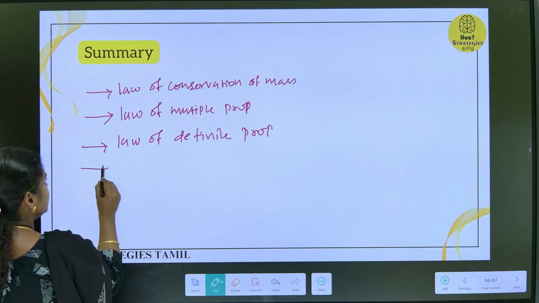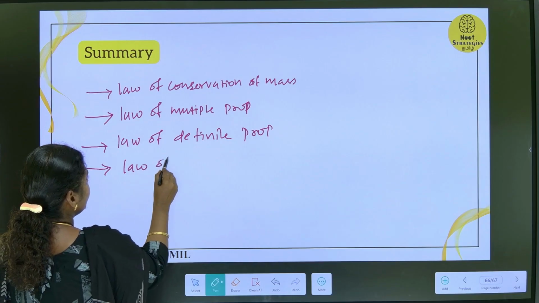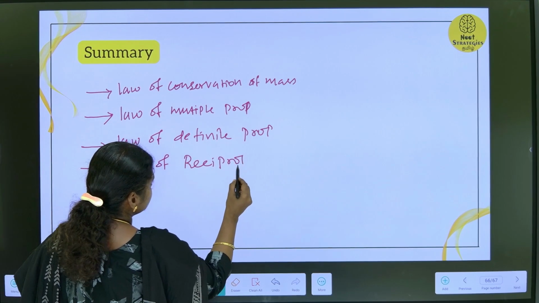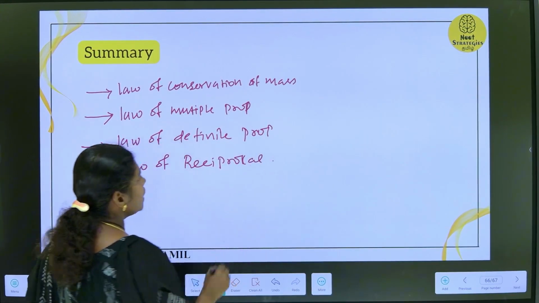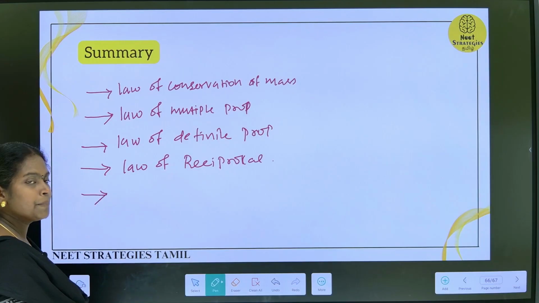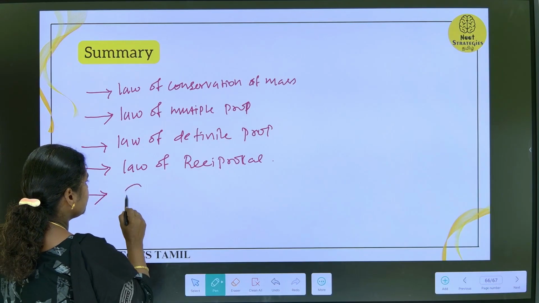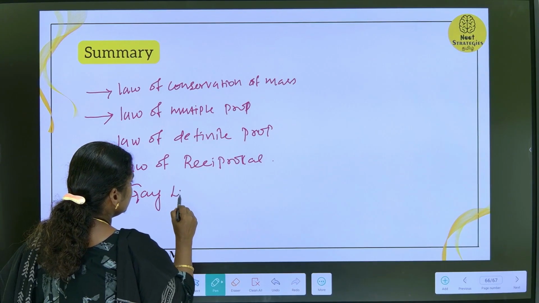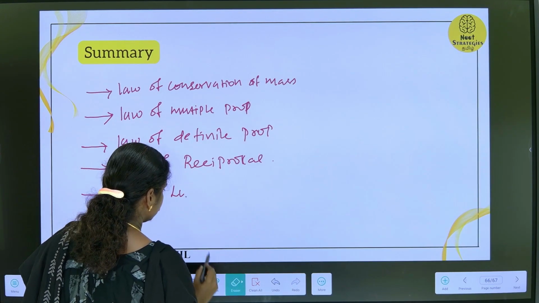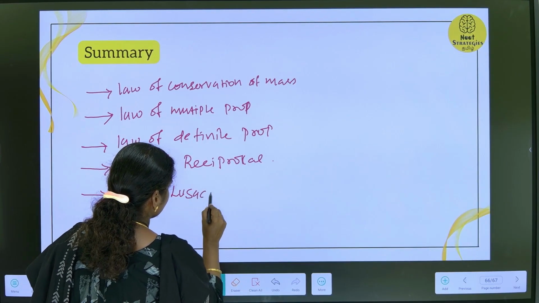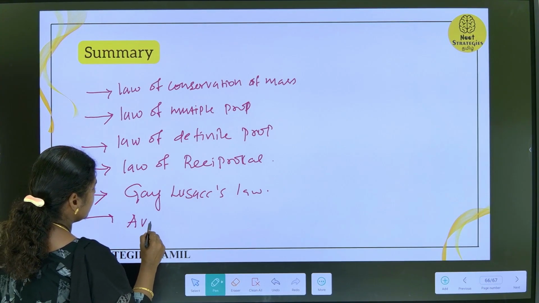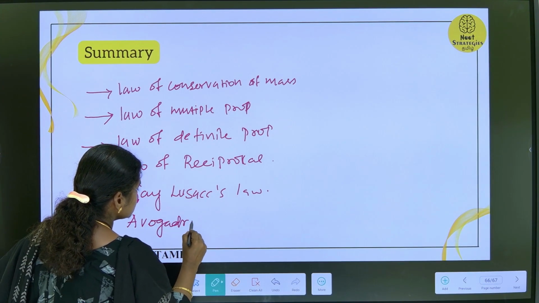The next law we completed is the law of reciprocal proportions. Next, we did Gay-Lussac's law. Then Avogadro's law.